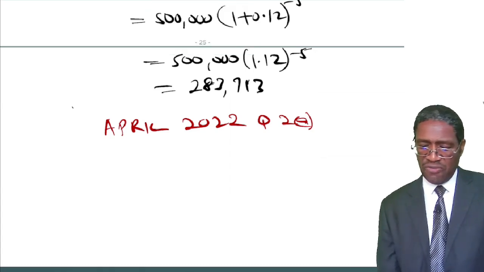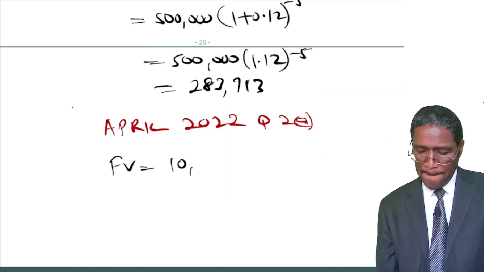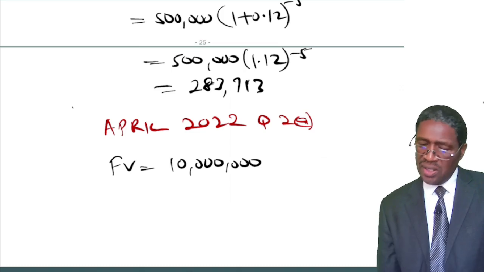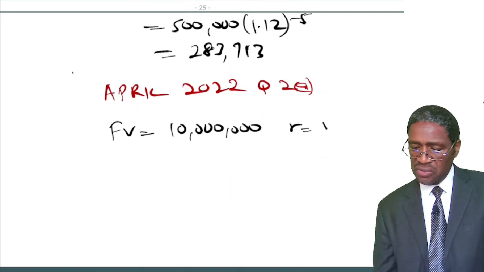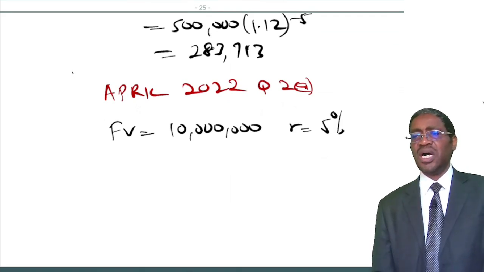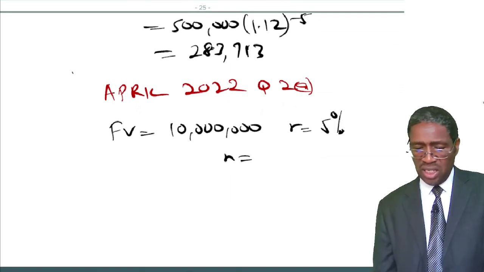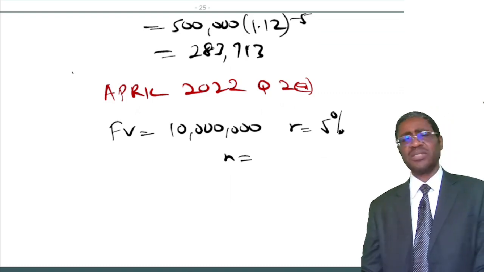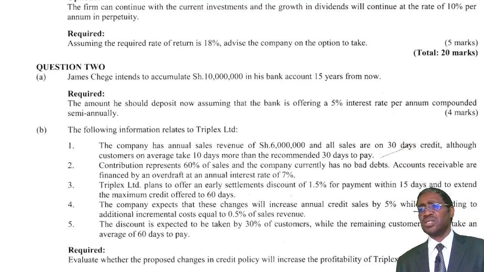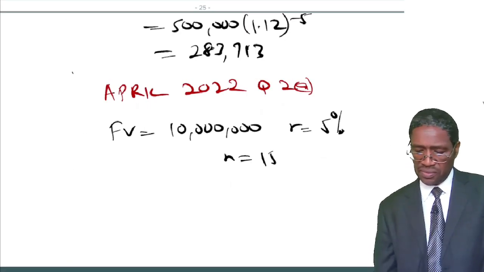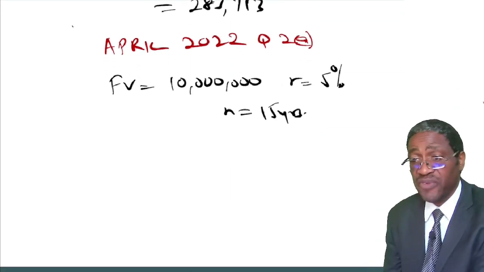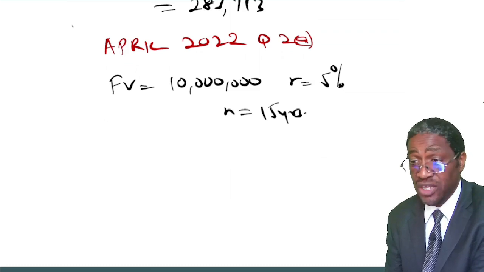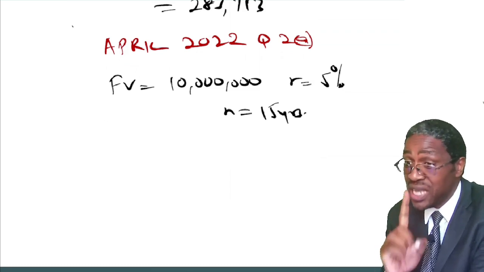We are given our future value to be 10 million. We are given our R as 5%, and our N, I think, was how many years? Let me confirm our N. Is it 15 years? Yes, 15 years. Good. If it was compounded annually, now we are compounding semi-annually.